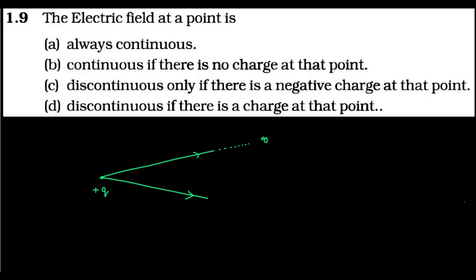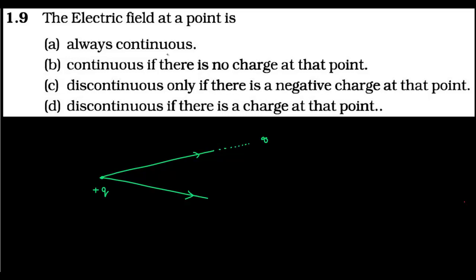Now here he is talking about the continuity and discontinuity of the electric field intensity at a point. What do we mean by continuity and discontinuity? Continuity literally means that for a given point there is a value that exists before that point and some value that exists after that point.